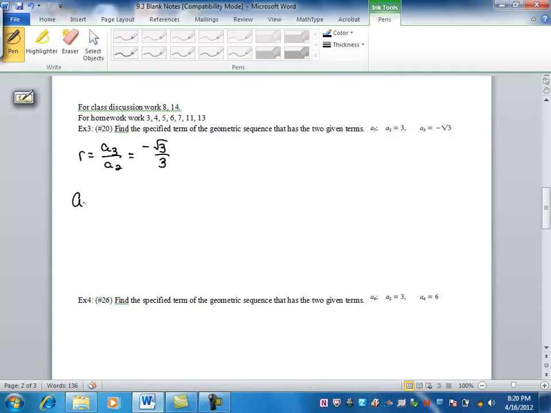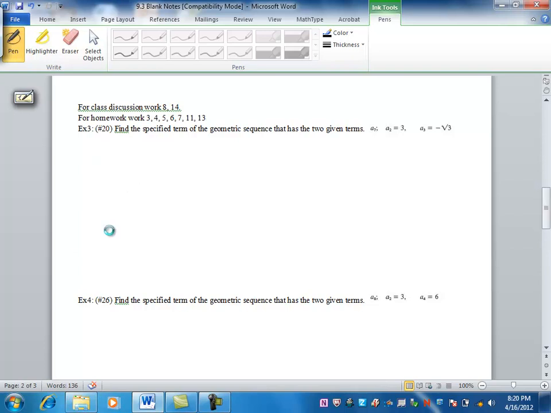If I need a sub 7, first of all, let's remind ourselves, a sub n equals a sub k times r to the n minus k. Here I'm looking for a sub 7, and I can use either the second term or the third term. I'm going to use the second term, just 3 is a little nicer to work with than the square root of 3.